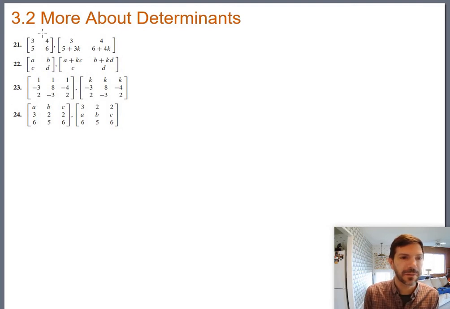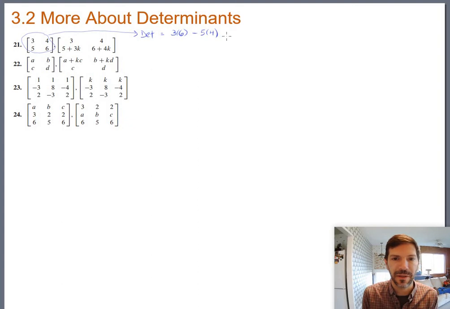The original 2 by 2 matrix, we know the determinant formula for a 2 by 2 is just AD minus BC. So the determinant here is 3 times 6 minus 5 times 4, so 18 minus 20. The determinant is negative 2. On the other hand, for the one where they did the row operation, you'd think the determinant would change by k or maybe by 3k, but let's take a look.